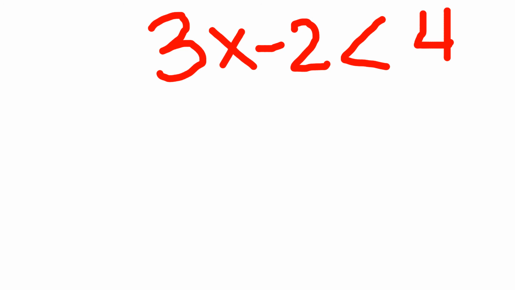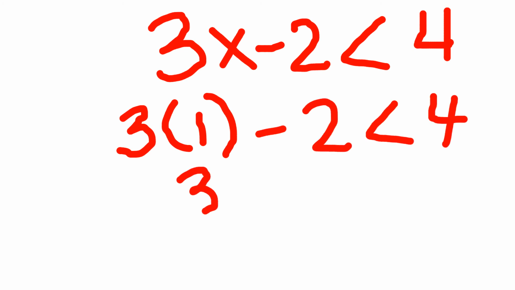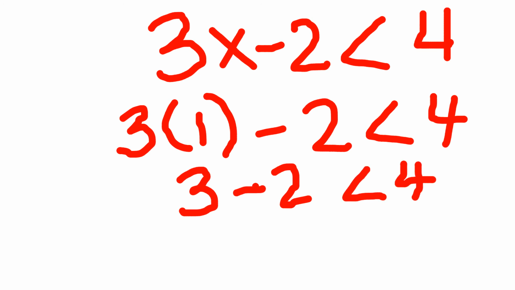If x is less than 2, then that would work. So let's try 1. Where x is, I'm going to put 1. So I get 3 minus 2 is less than 4. 3 minus 2 is 1. 1 is less than 4. So this works.